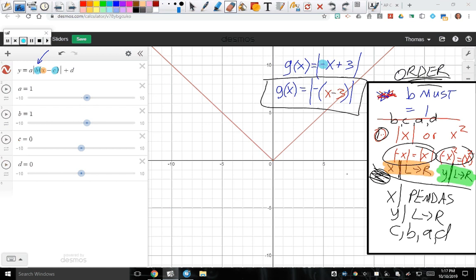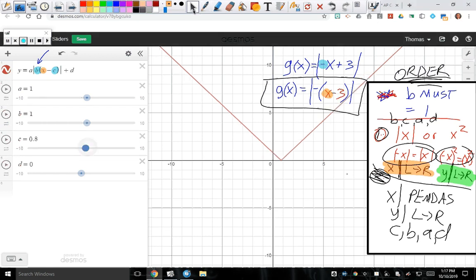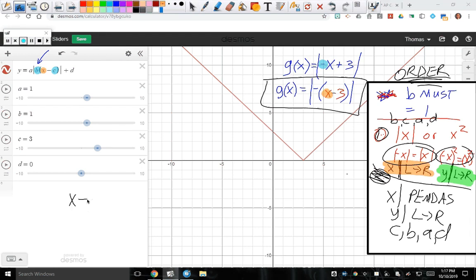If you followed PEMDAS, that means you would move 3 units to what direction? To the right, because it's with the x. We do the opposite. You with me? So if I move this graph 3 units to the right, and c is 3, it looks like this right now.